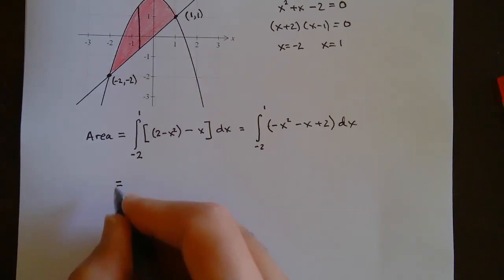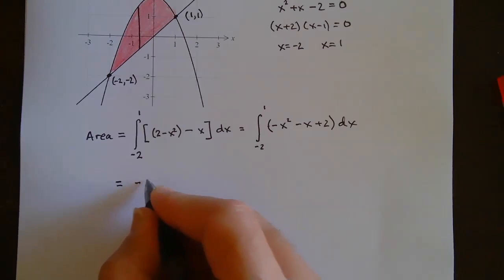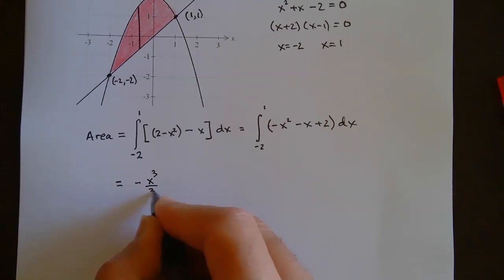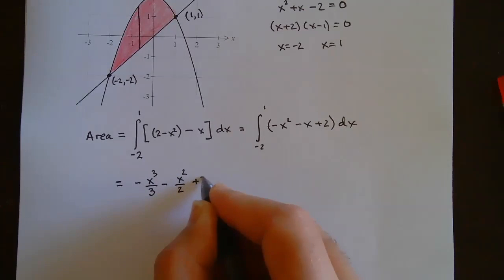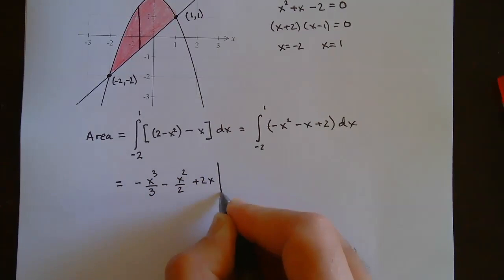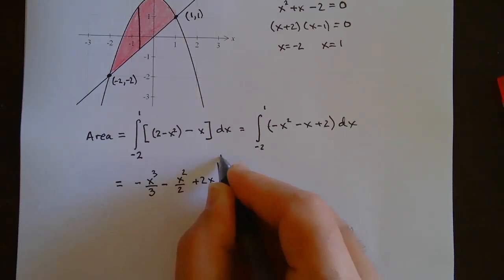So this area would equal negative x cubed over 3 minus x squared over 2 plus 2x, and I'm going to evaluate that from -2 to 1.